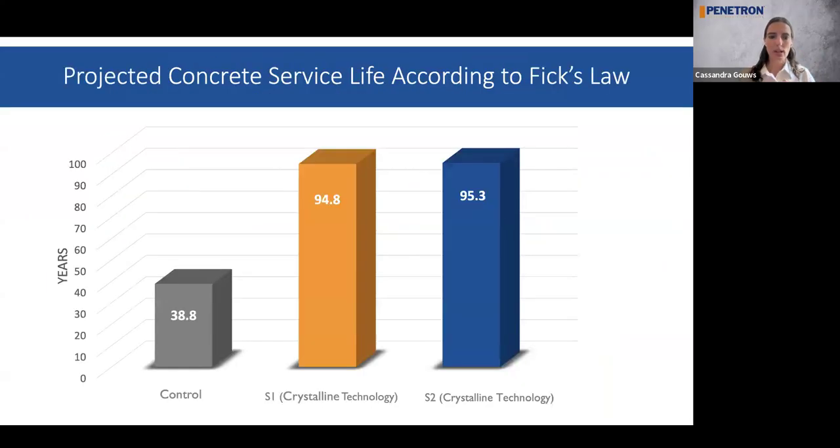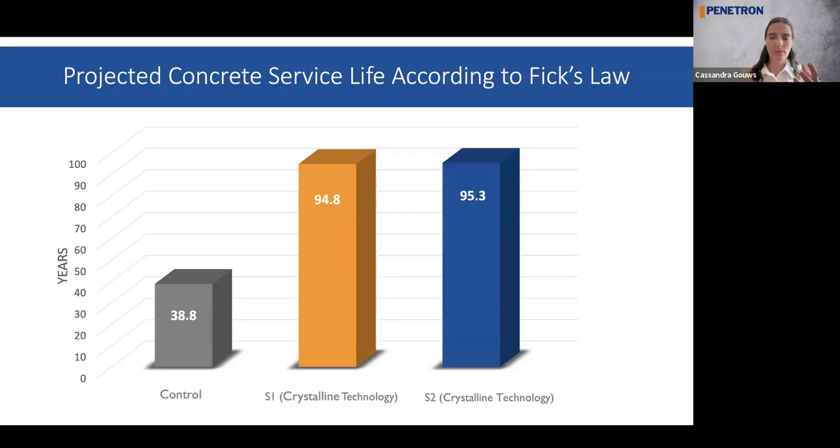The last technical slide is showing you how the crystalline technology extends the service life of your concrete. So if you've got a control sample versus a crystalline waterproofing treated sample, this is the admixture in particular. These samples are put in a chloride-rich environment, and then they measure how fast chloride particles actually get into the concrete, to the steel, and the steel starts to rust.